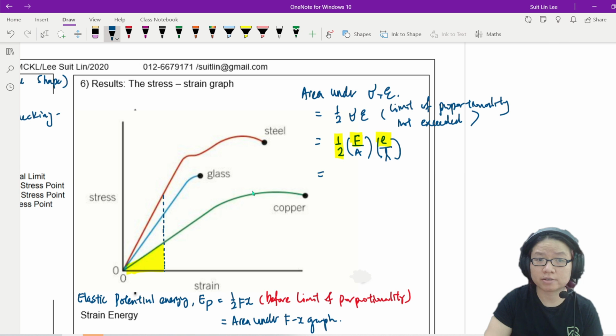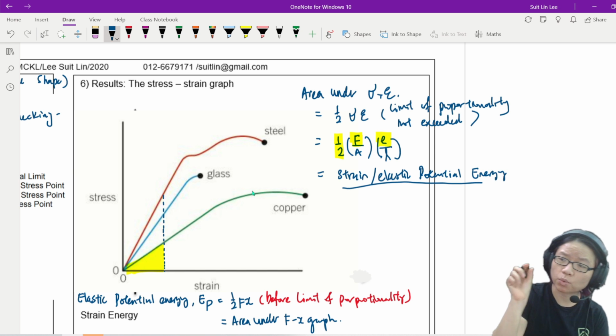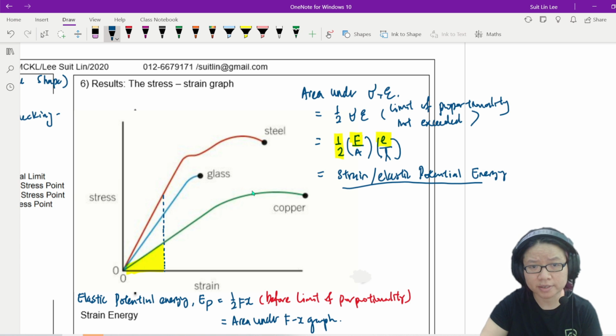So this half Fx, I can write as stress times strain, or elastic potential energy over AL. What is AL? Area of the wire times length of the wire is volume.